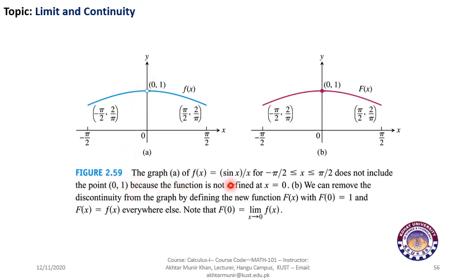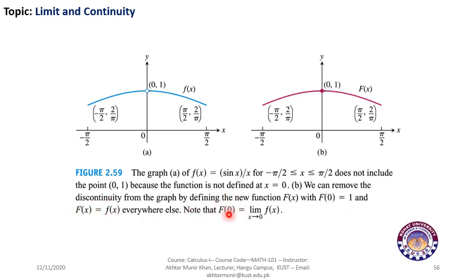Because the function is not defined at x equals 0, we can remove the discontinuity from the graph by defining a new function, making some modification in the old function, and we denote it by F of x, with F of 0 equals 1 and F of x equals f of x everywhere else.